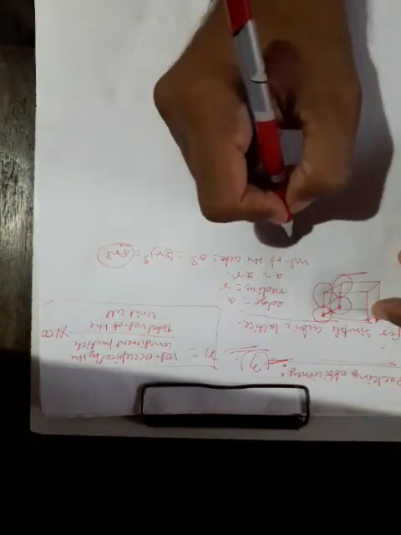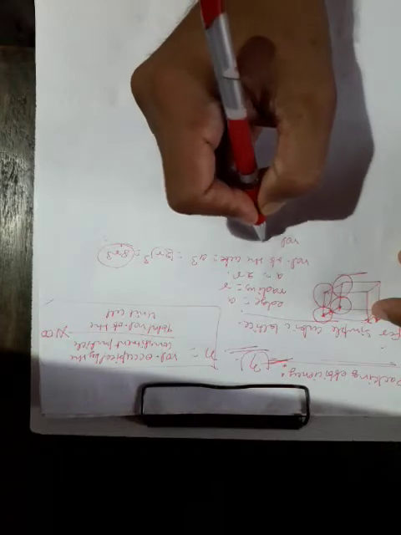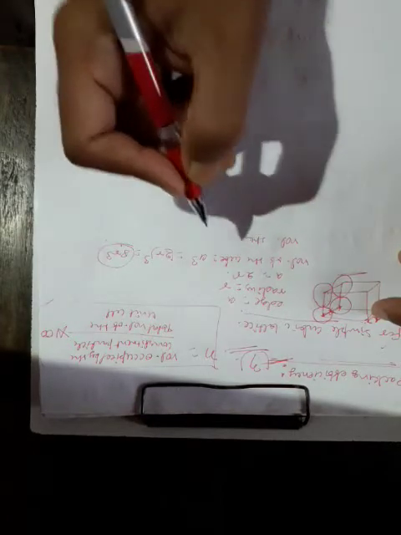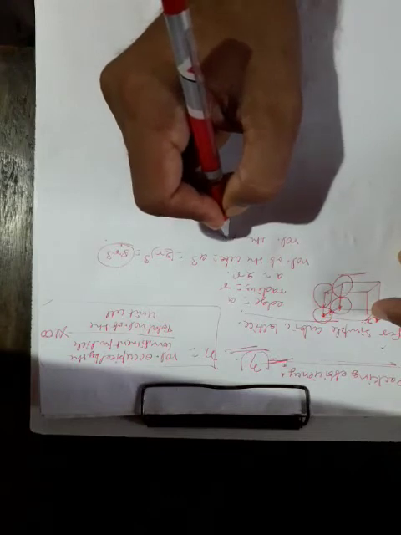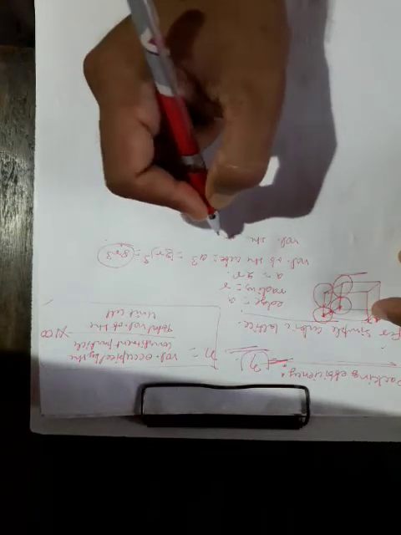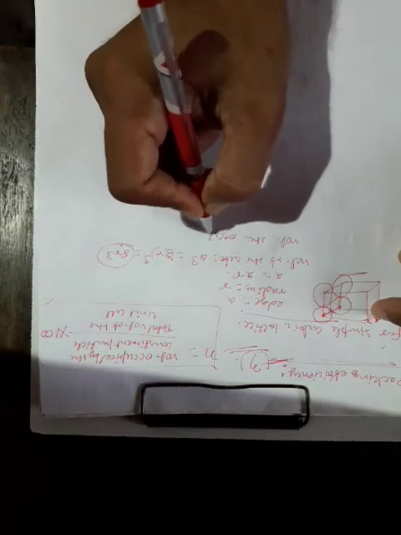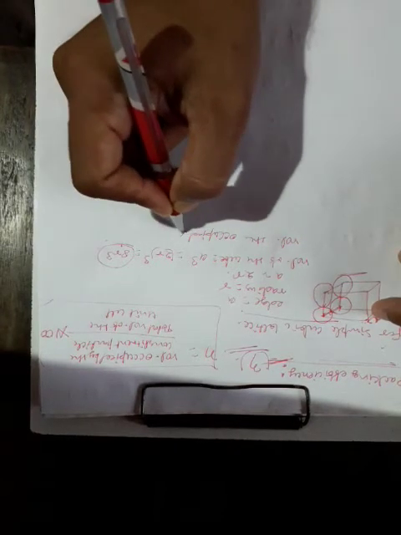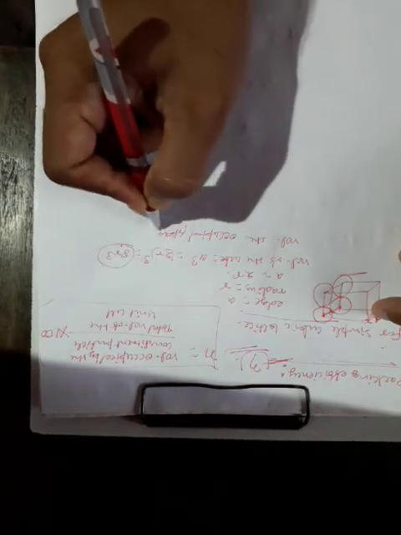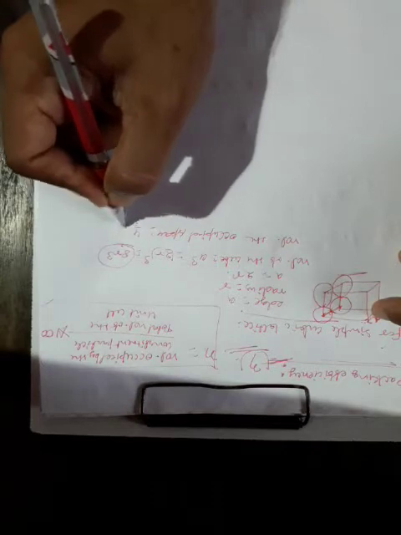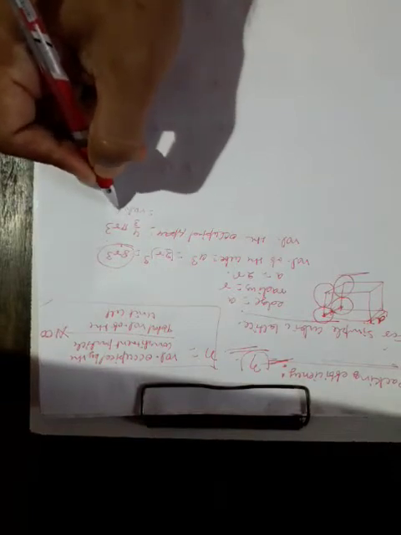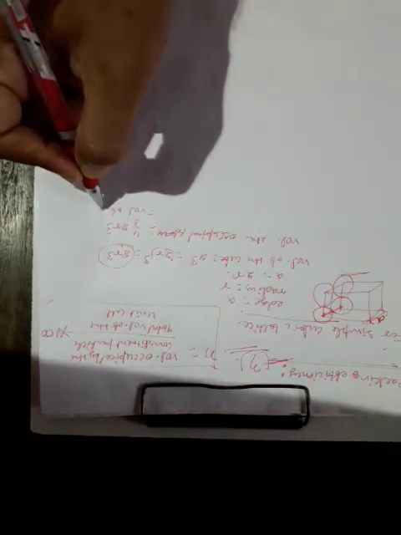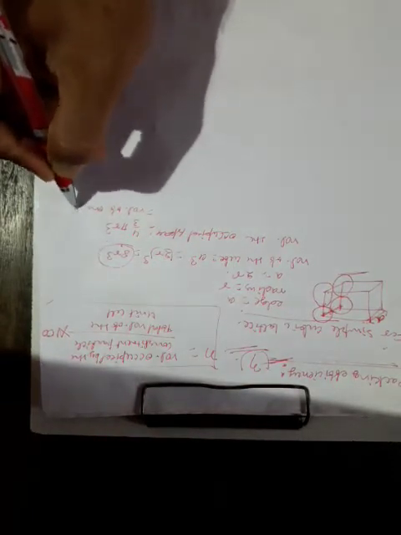We know the volume of the occupied space will be equal to 4 by 3 pi r cube, as it is the volume of one particle.